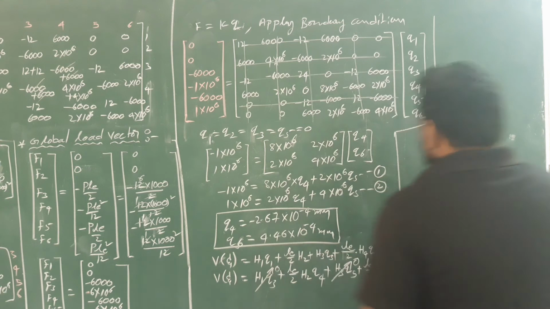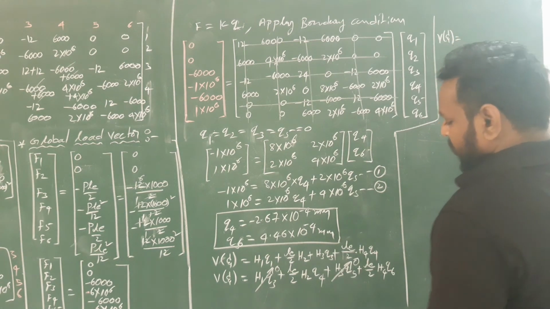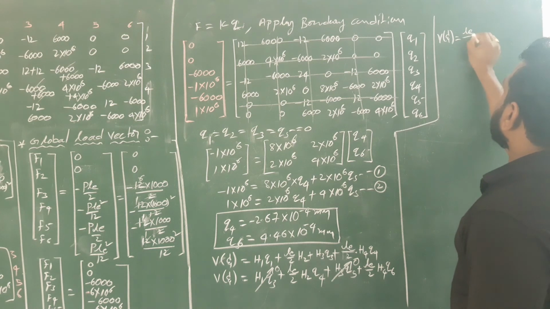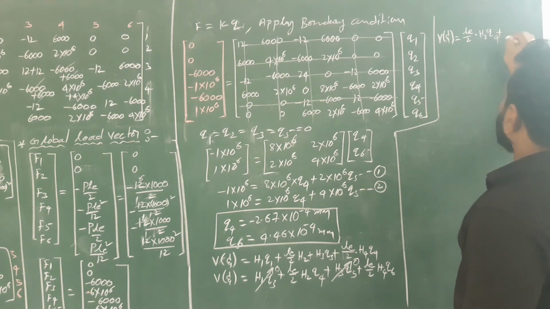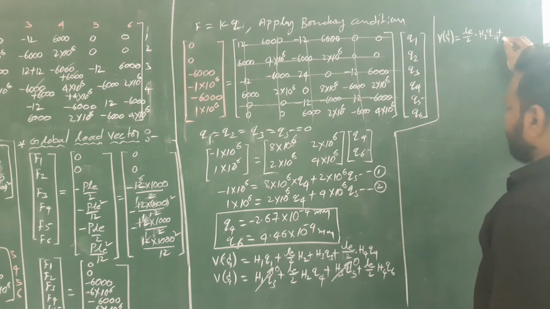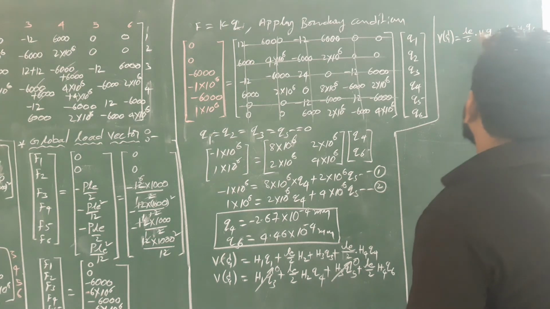We will get V of J equal to LE by 2 into H2 Q4 plus LE by 2 into H4 into Q6. This is the equation we got.